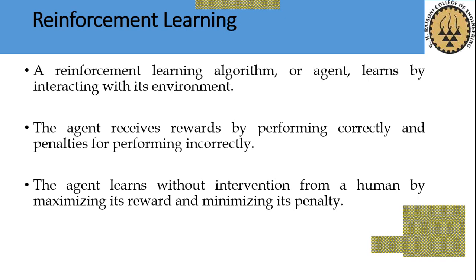The agent learns without the intervention of a human. There is no interaction between the human being and the software. The software or machine learning algorithm itself learns from its own experience. The agent learns without human intervention by maximizing its reward and minimizing its penalty.